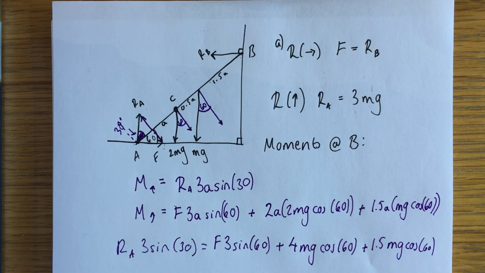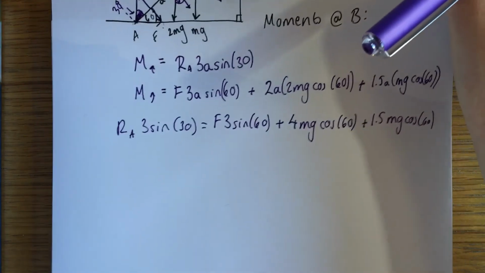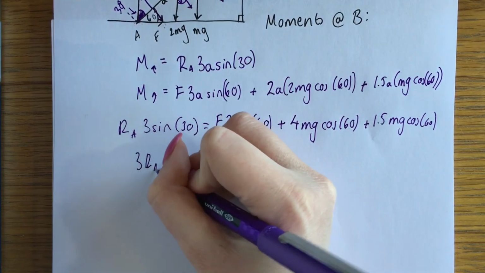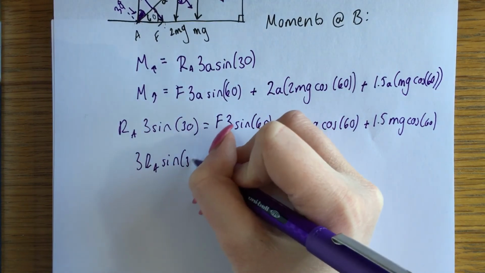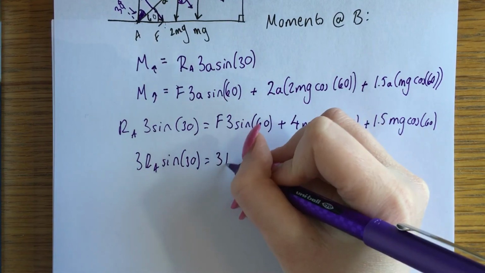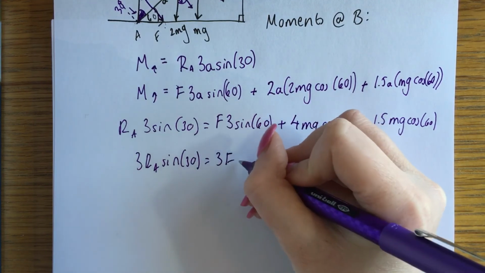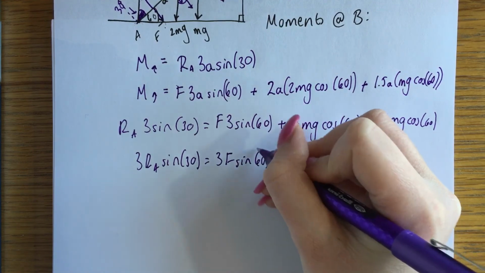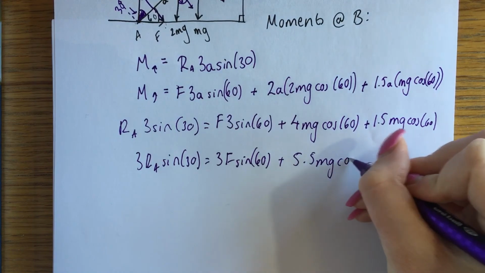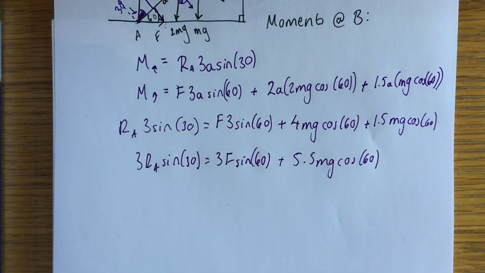So I'm just going to collect my like terms. And I'm actually going to neaten it up because I don't like the 3 being afterwards. It's just me being picky. So 3 lots of the normal reaction of A sine 30 is equal to 3 lots of friction sine 60 plus 5.5mg cos 60.